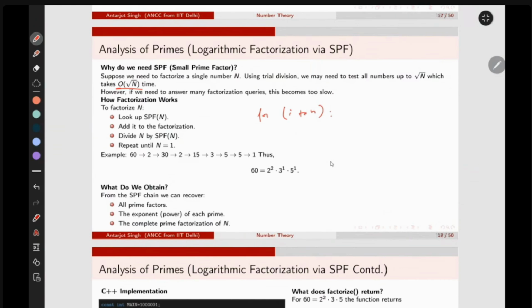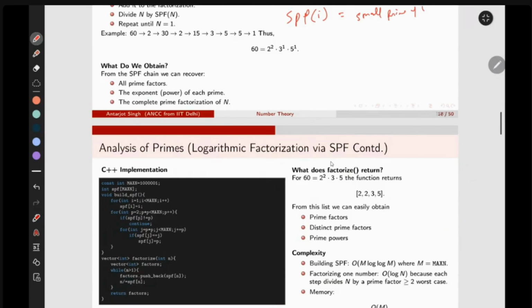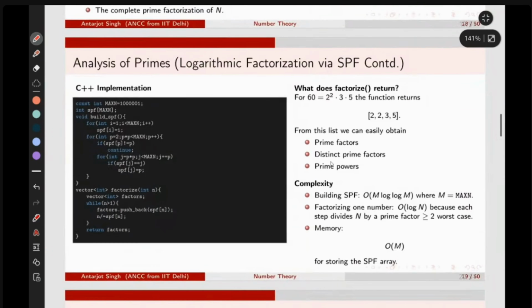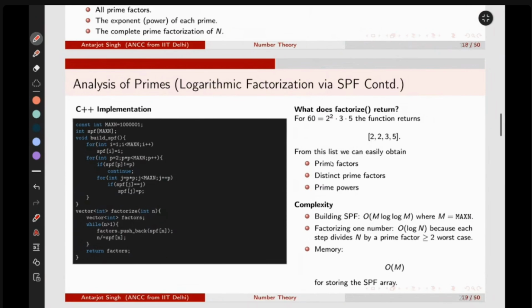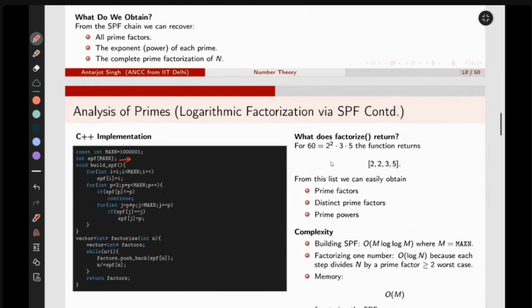So we create an SPF array, where SPF[i] denotes the smallest prime factor of i. It can be done using sieve by pre-processing. You initialize the SPF array, then iterate from 1 to n.